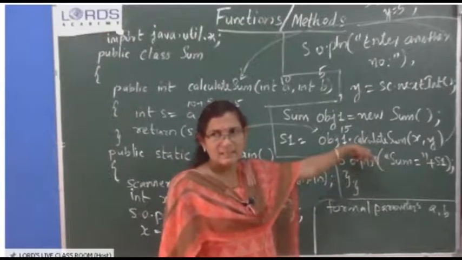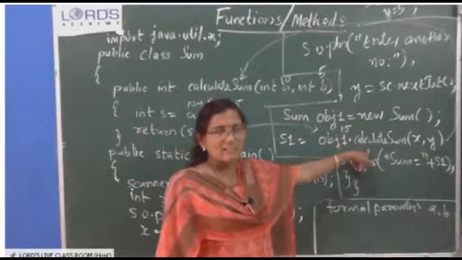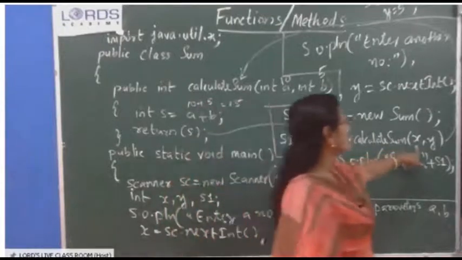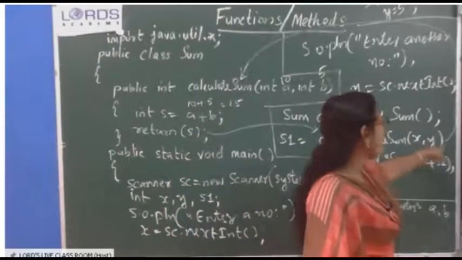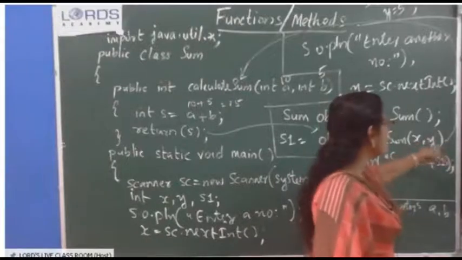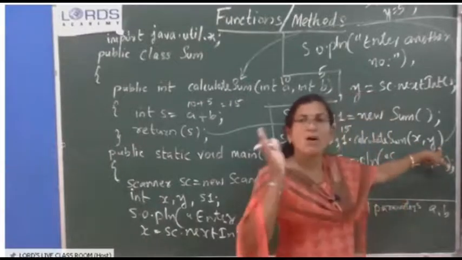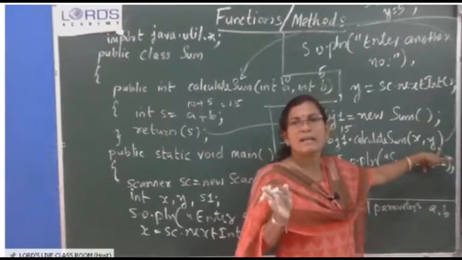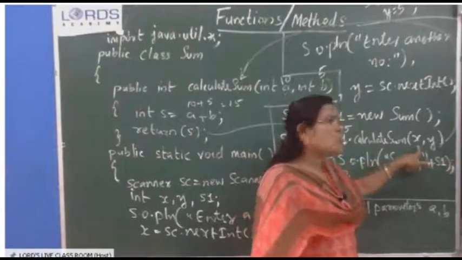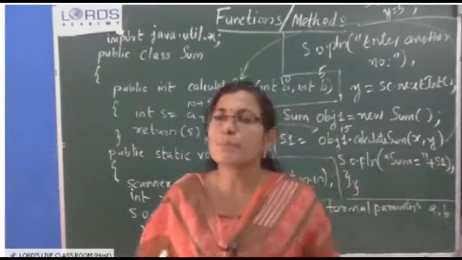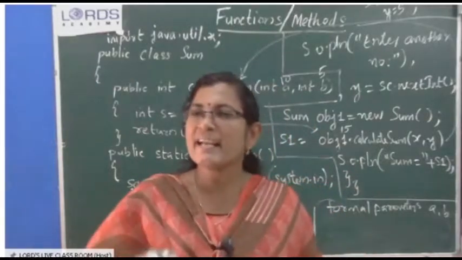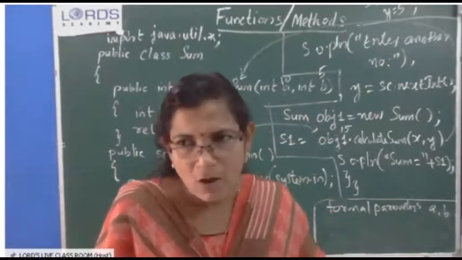Am I right? And which are the variables used there? X and Y. So variables used at the time of calling a method are known as actual arguments because they contain the real values to be processed. X and Y contain the real values to be processed.